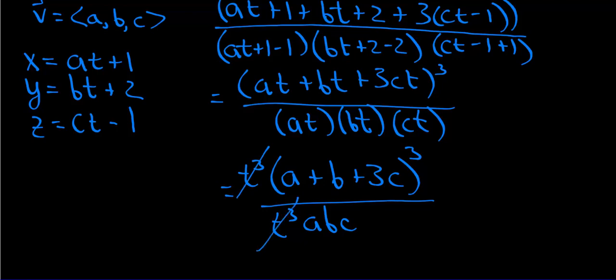Now I've got a plus b plus 3c cubed over abc. Well, my limit then depends on the path I choose. In other words, my limit depends on this vector. I just said it's ABC. So no matter what I choose for the vector, it's going to give me a different limit. Any questions about that?